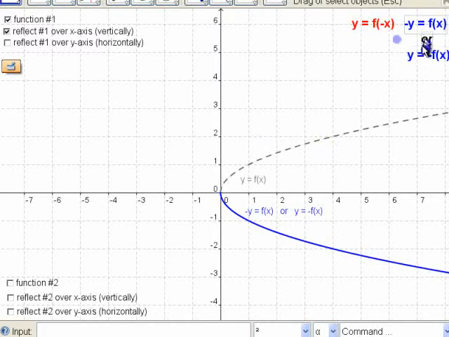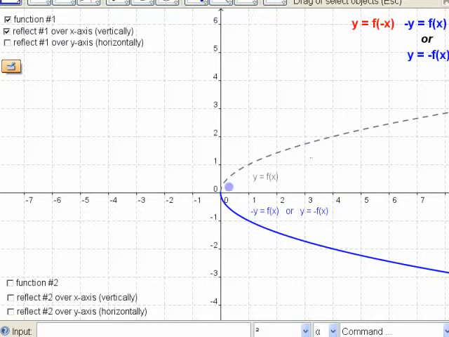That's what happens when you change y equals f of x to negative y equals f of x. Or you could write it as y equals negative f of x. But the key is that the negative is after the function, outside of the function. Right? It's not inside with the x. You apply the negative after you do whatever the function says to do.